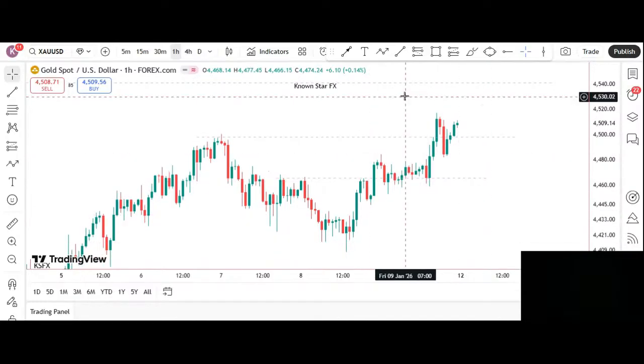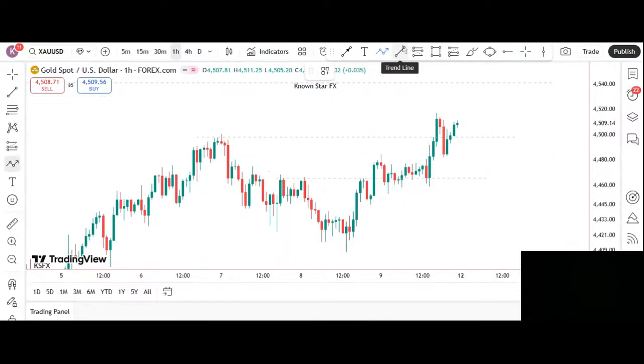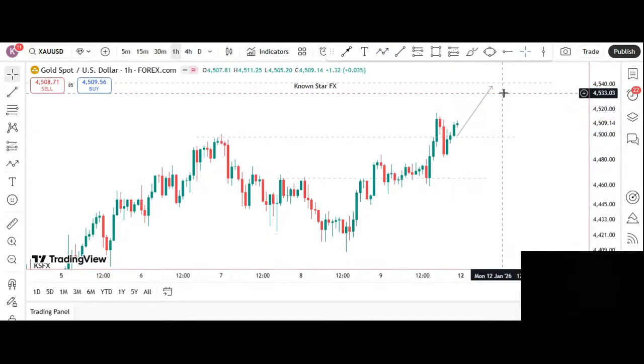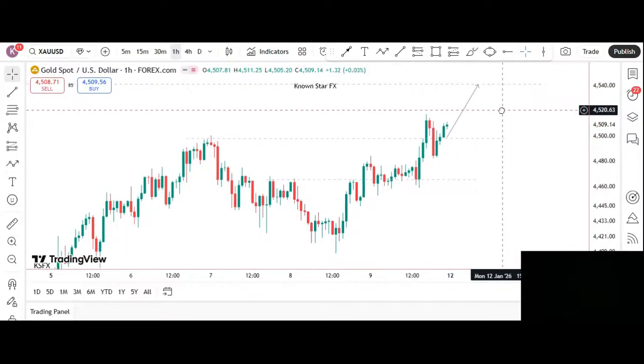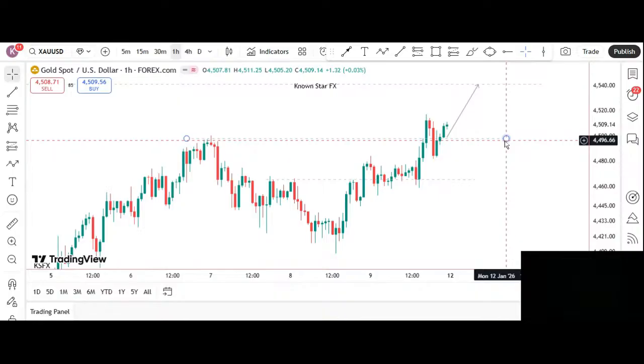And there are high chances of the market buying up to this all-time high this week, or even breaking this all-time high this week. But it depends on the reaction of the market, depending on the printout that we actually get on the chart.